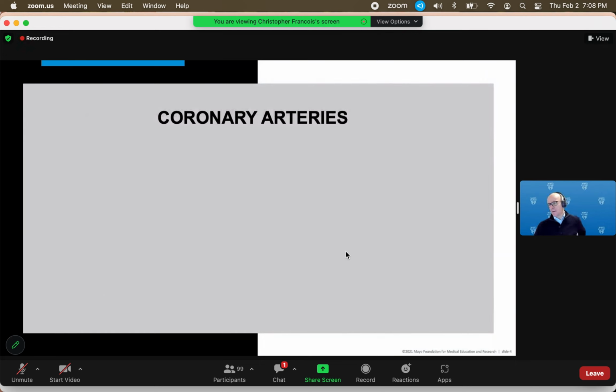And so we're going to start with the coronary arteries. And we're going to start with, again, some hot seat cases, maybe for the first hour or so. And then for the last 30 minutes or so, I was going to try to go through as many cases as possible, and then hopefully have some time to answer some specific questions.